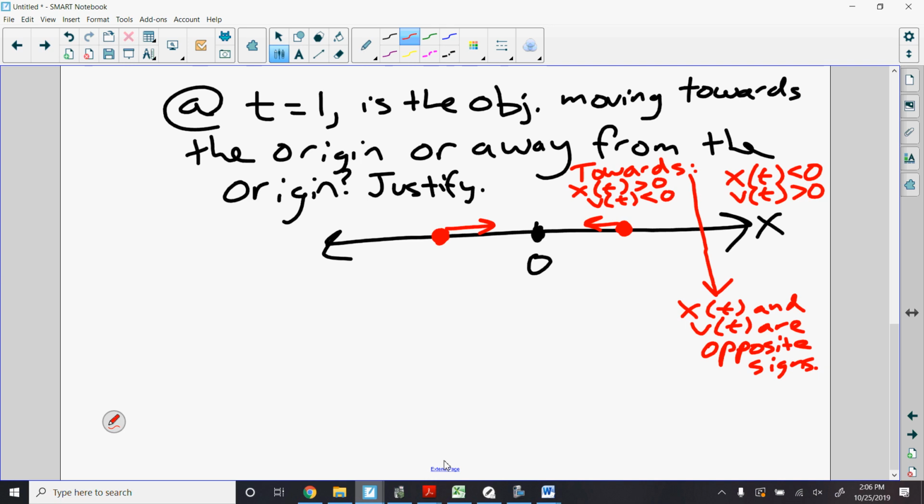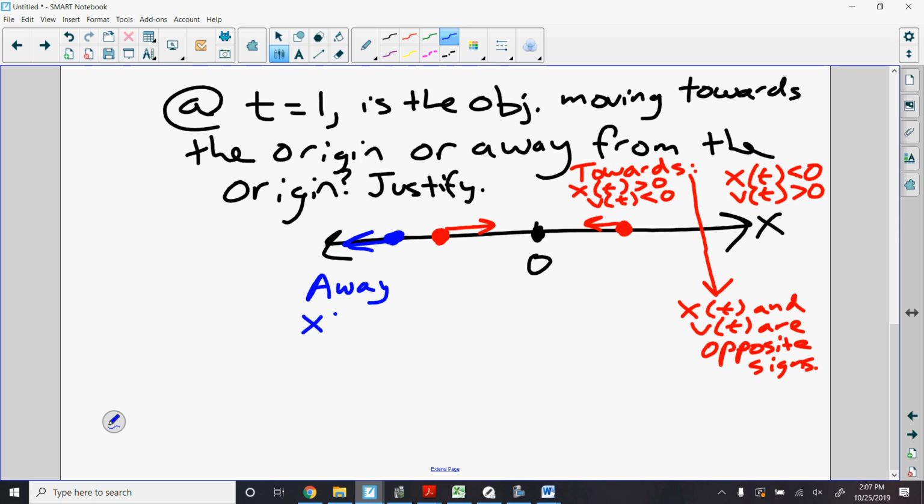Let's use a different color for moving away from the origin. So blue is going to be moving away from the origin. So if I'm left of the origin, to be moving away from the origin, I'm going to have to be going left.